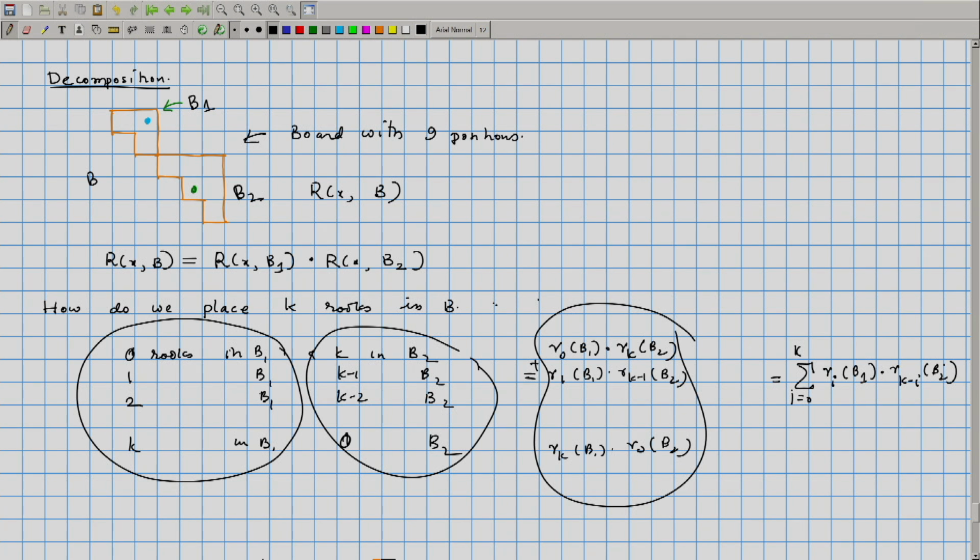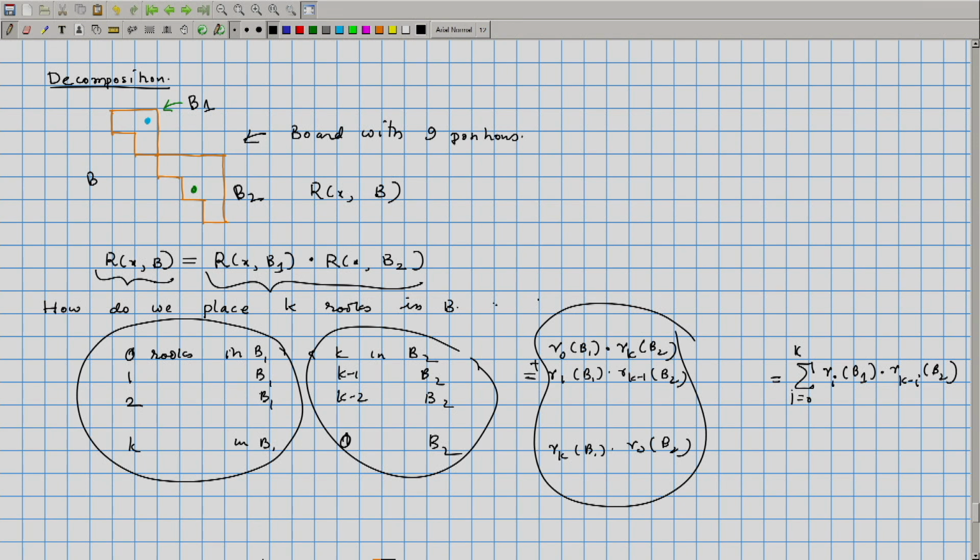And therefore, if the terms have this particular property, then if we look at the Rook polynomial or the generating function, that is just going to be the product of the constituent generating functions.